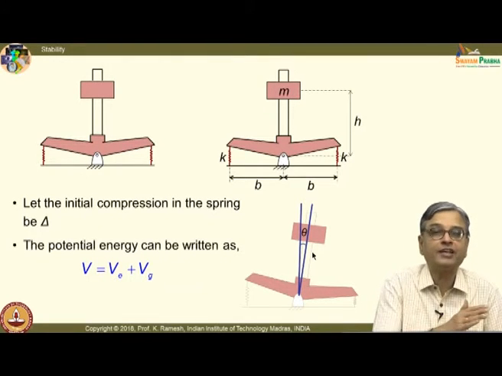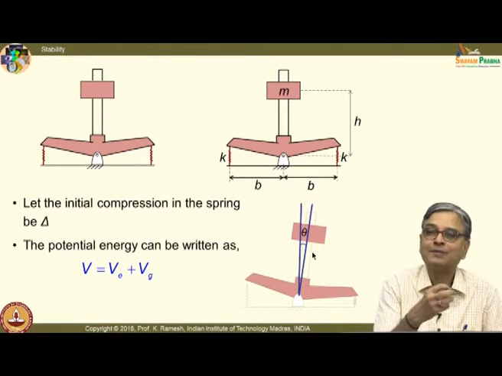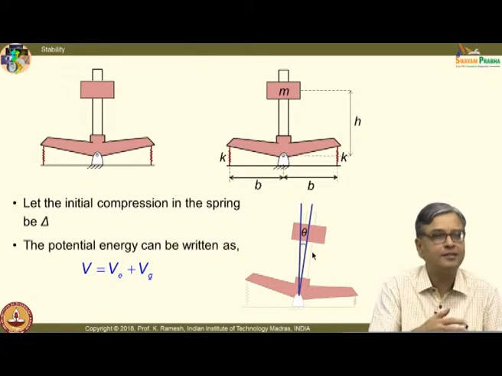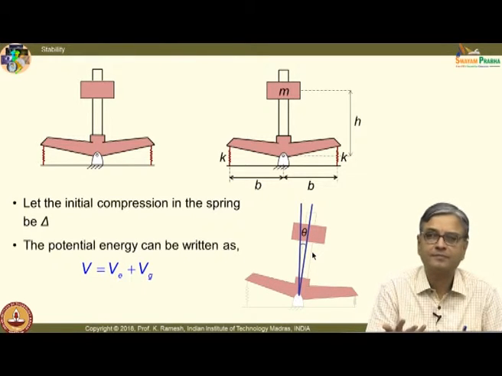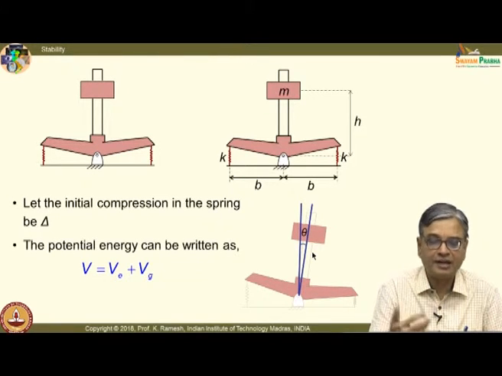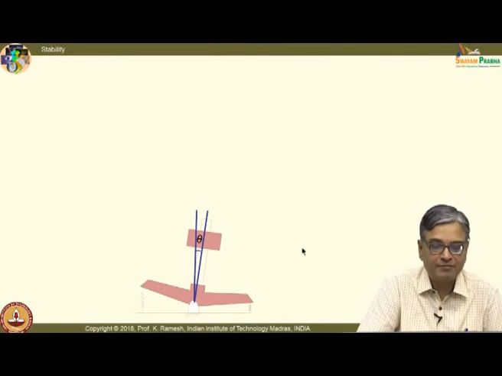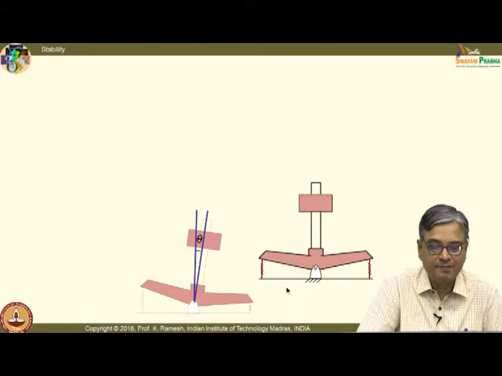For this configuration, if you write the contribution of gravitational potential energy and the contribution of elastic potential energy by the springs, the problem is done. But then the rest is simple mathematical expressions. You have to get dV by d theta and then d squared V by d theta squared. So, let me write that basic equation, which is written down very nicely.